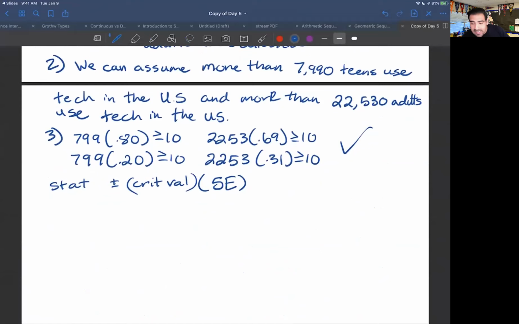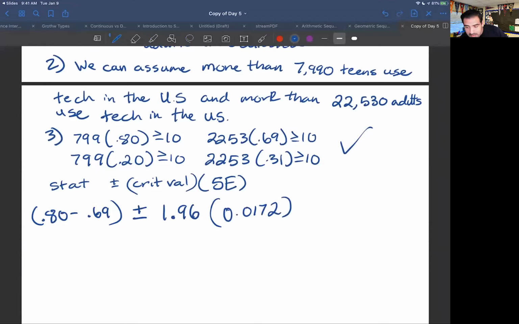So I'm doing teens minus adults, so I need to do 80% of teens minus the 69% of adults, plus or minus the critical value. Remember, we're doing a confidence interval of 95%, so that's 1.96 as our critical value, times the standard error of the statistic, which for us, we calculated in the previous problem, so I'm just going to substitute that in, 0.0172. We can do this math and simplify it.